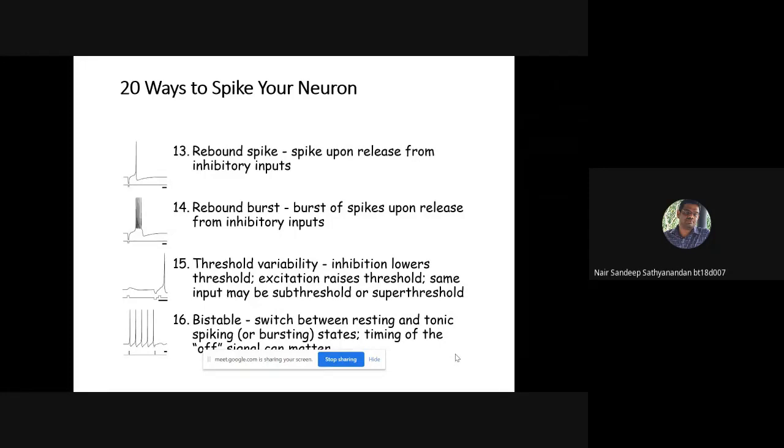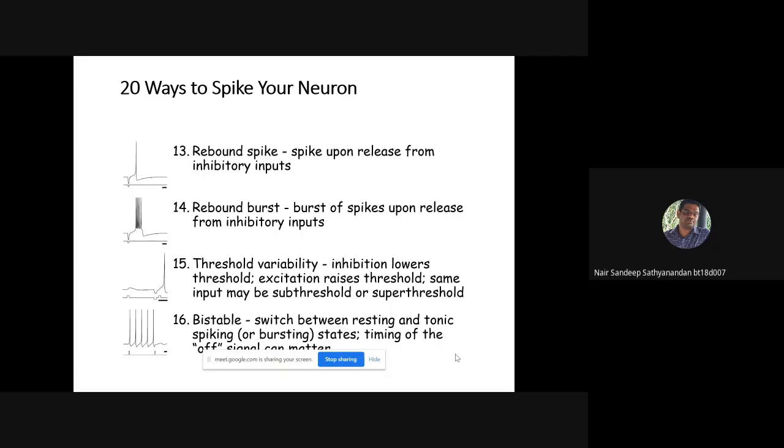Now we have different kinds of inputs, which can be excitatory or inhibitory. On reception of an inhibitory input, a spike is generated when the inhibitory input is released. That kind of behavior can be modeled. And the rebound burst. Earlier it was a spike, now this is a burst: a burst of spikes is produced from the release of the inhibitory inputs.